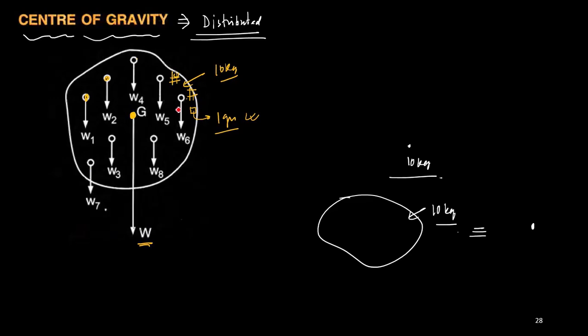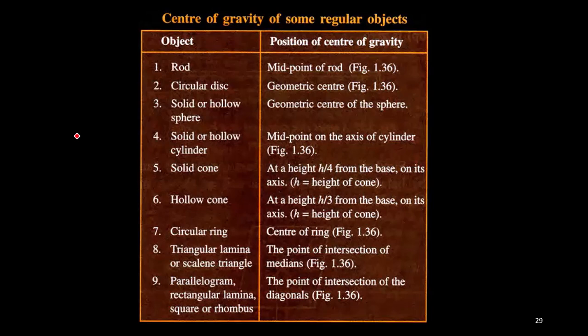So all the point masses are there. And what is the effect of these point masses? I want to replace the entire set of point masses by a single mass which has to be placed at a point known as G. This G is known as the center of gravity. Now G may be within the body, may be outside the body.